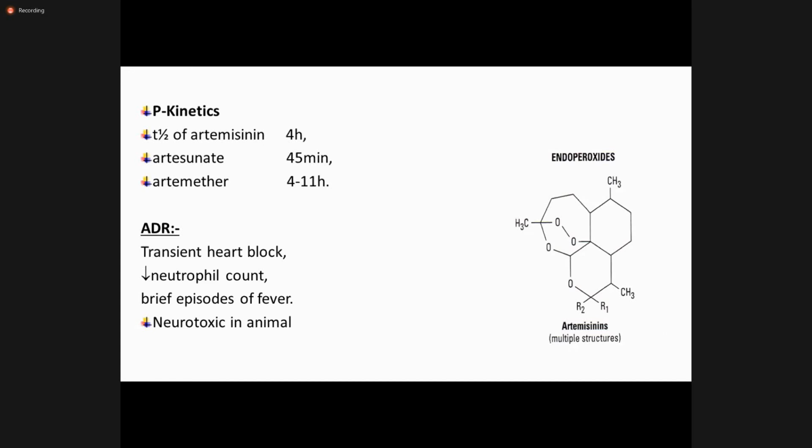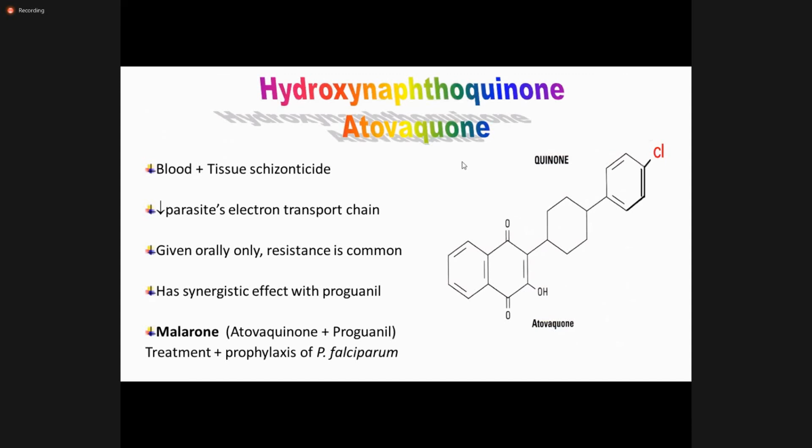Another group we use is atovaquone. This is also a drug used against blood and tissue schizonticides, and it is effective in resistance cases. Its mechanism is similar to chloroquine's, again on the electron transport chain: it affects the respiratory chain of the parasite.